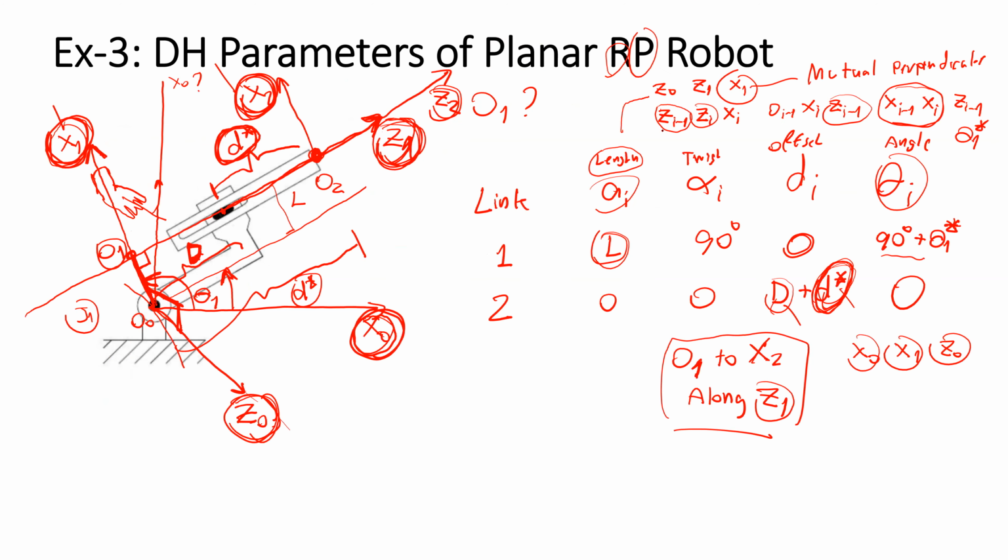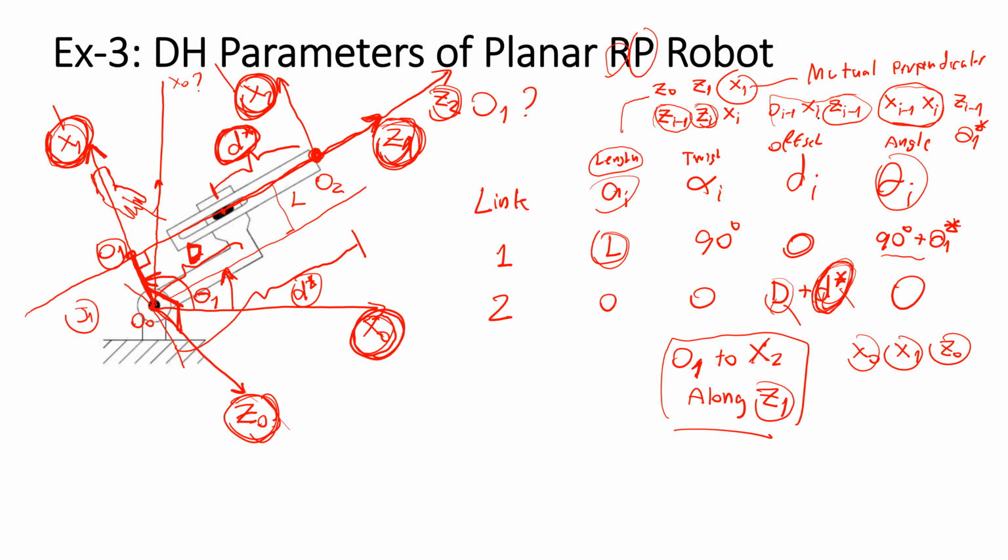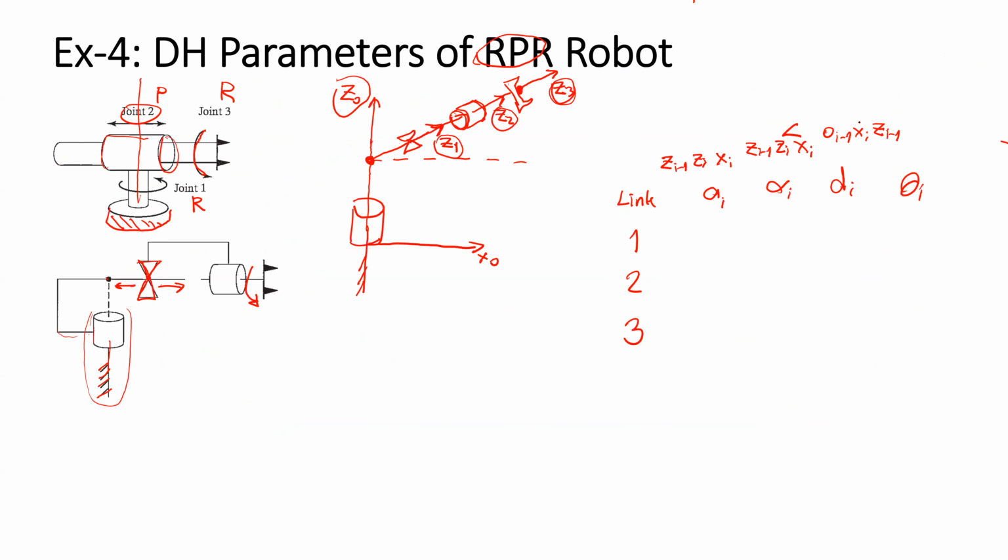The twist is the angle. And the offset is O(i minus 1) to Xi along Z(i minus 1). The angle is X(i minus 1) to Xi about Z(i minus 1).